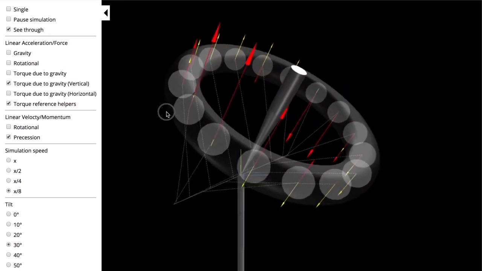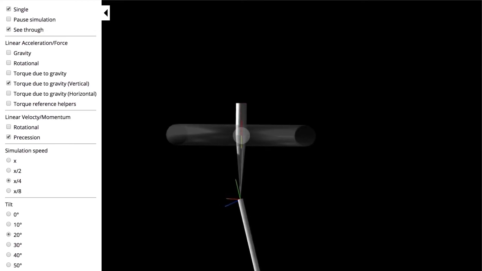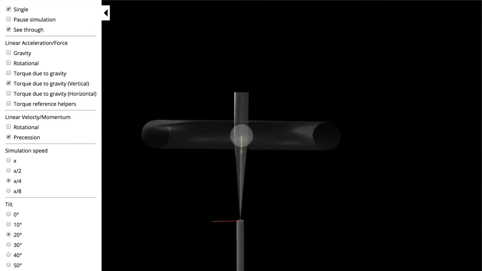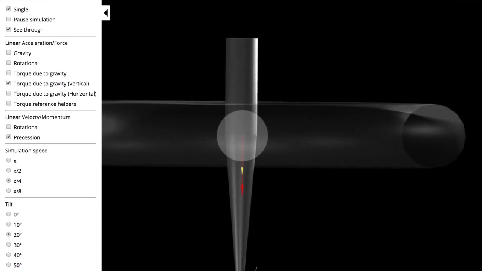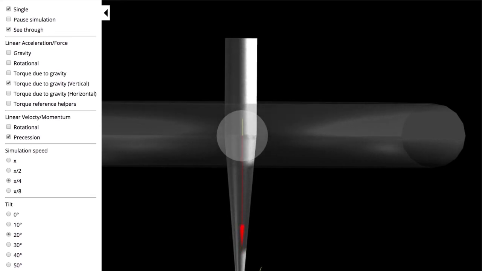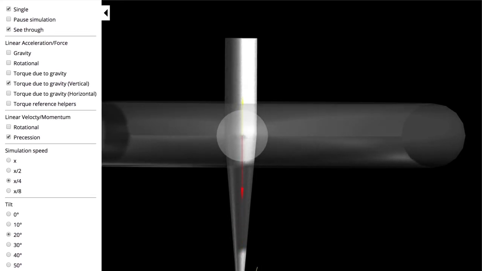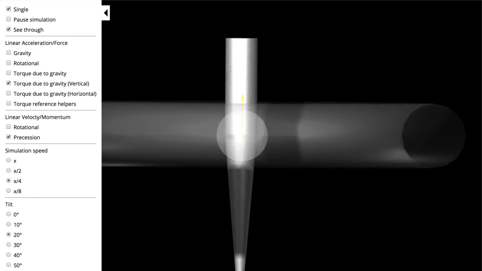Let's view the same in a different camera angle. As you can see, the precession increases in the direction of force, and as the force reverses, the precession drops and then reverses.